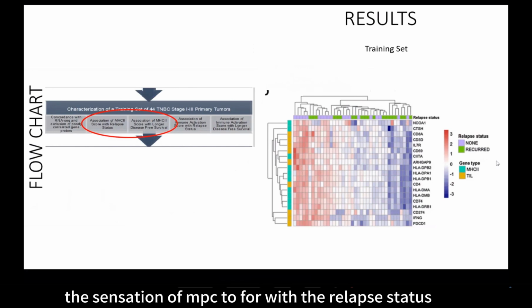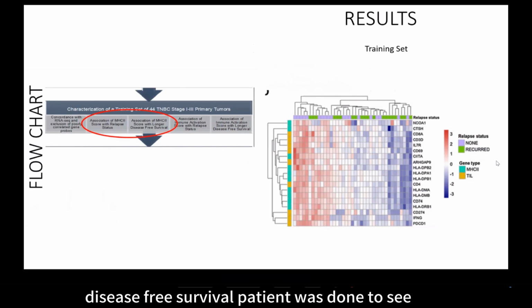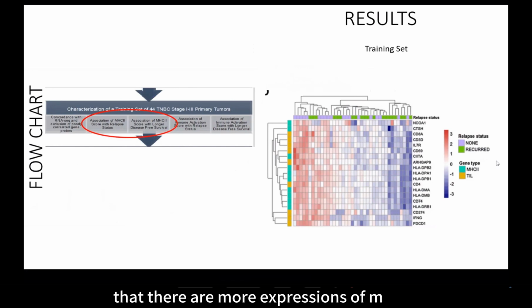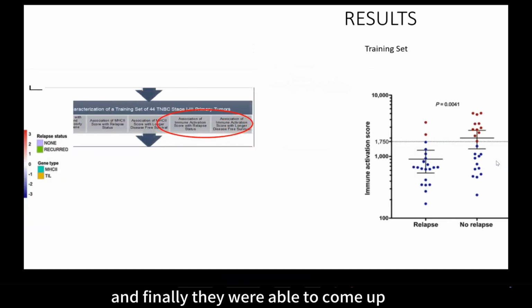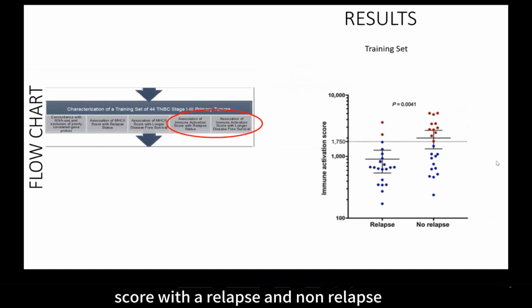The association of the MHC2 score with the relapse status and the disease-free survival was done to see that there is more expression of MHC2 and TIL genes in the non-relapse patients compared to the relapse patients. And finally, they were able to come up with the association of the immune activation score with relapse and non-relapse. As we can see here, the activation score is lower for relapse and higher for non-relapse.